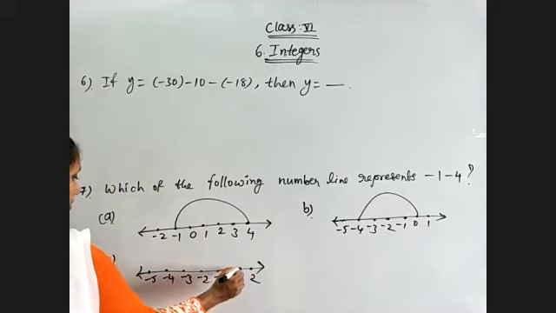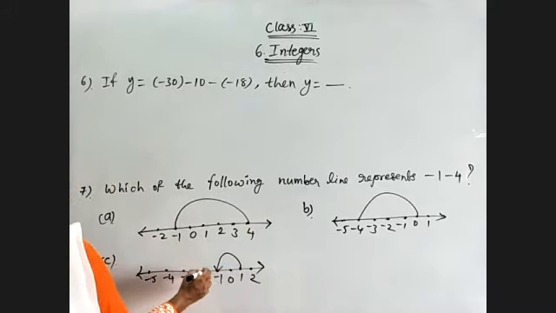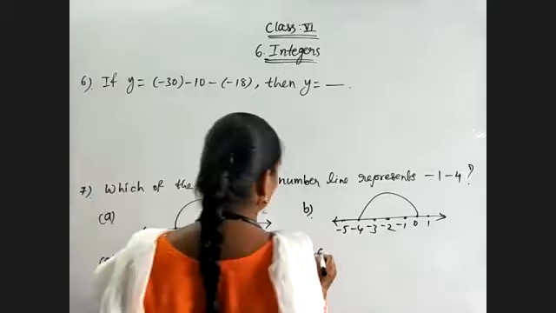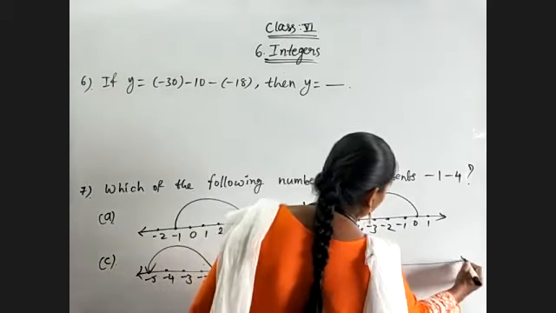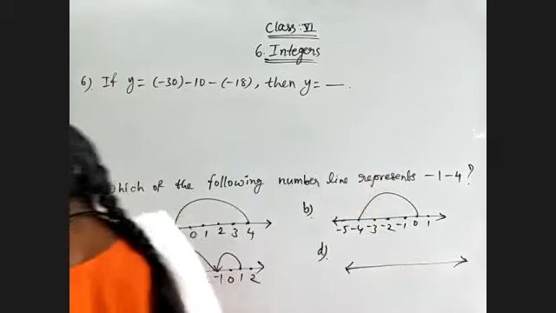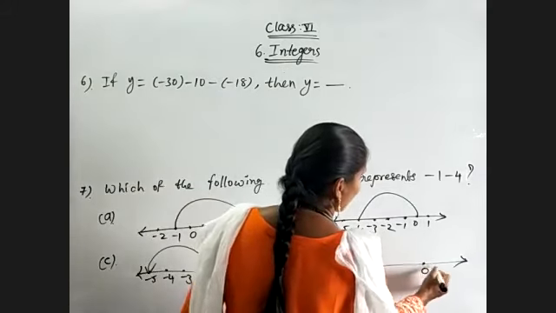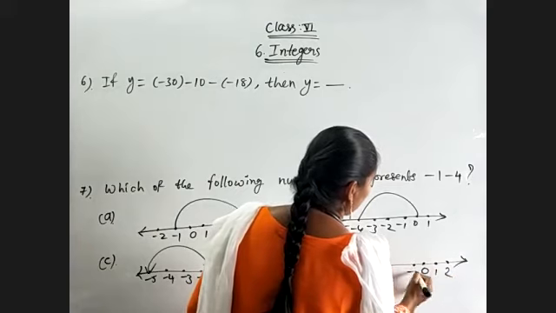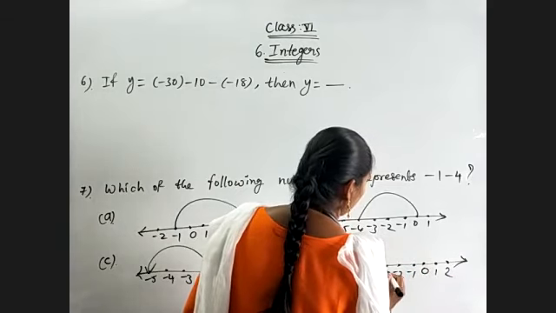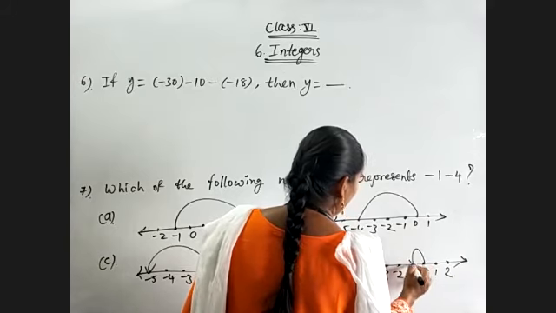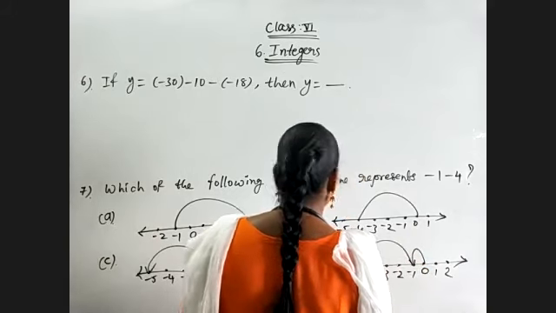So 1, 2, minus 1 given, and then 1, 2, minus 5. And next, last option is 1, 2, minus 1, minus 2, minus 3, minus 4, minus 5, 0 to minus 1, and then 0 to minus 5.